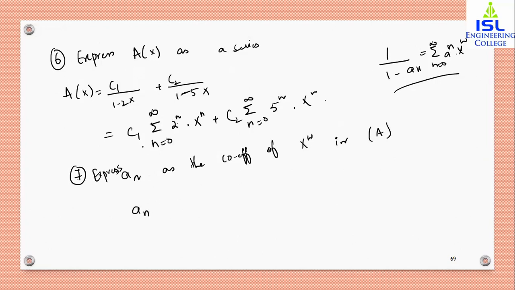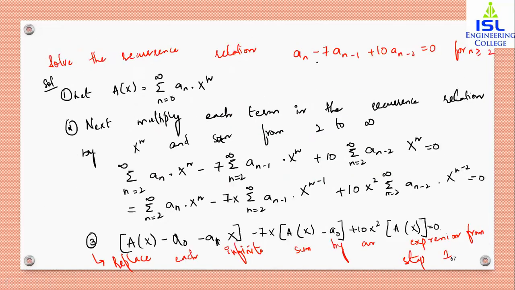Since we multiplied these two things, we added these two things to our series when we started the problem, so we can ignore these two and write this a n as c1 into 2 power n plus c2 into 5 power n. Now this problem that we have done can also be solved by using the characteristic roots. That is, we can use any one of our theorems.